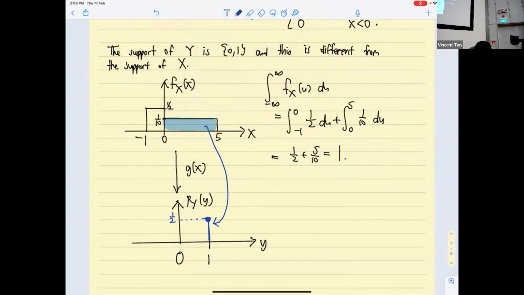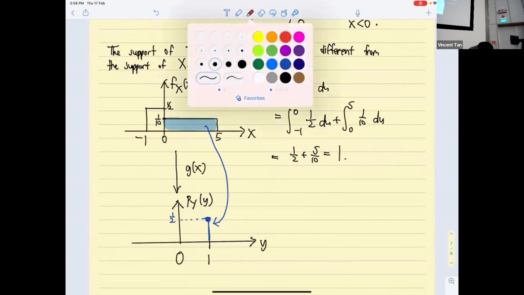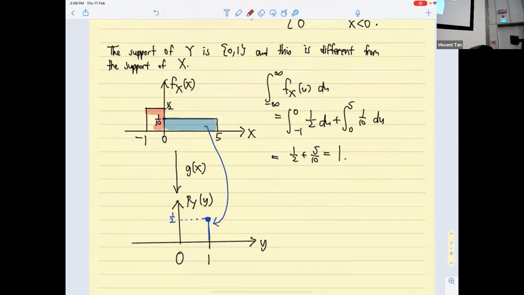Now, whenever x is unfortunately negative, so here, then this gets mapped to 0. So I have another stump here at 0. And the heights of these two things are the same. It so happens to be the same. And the heights are all equal to half.